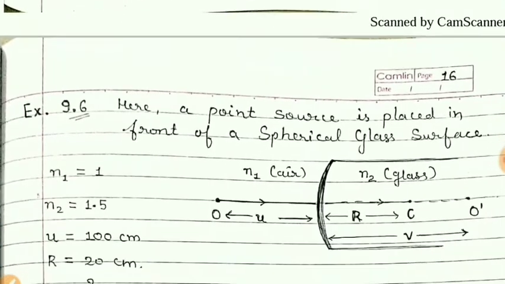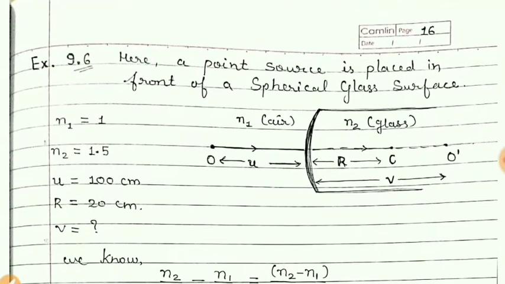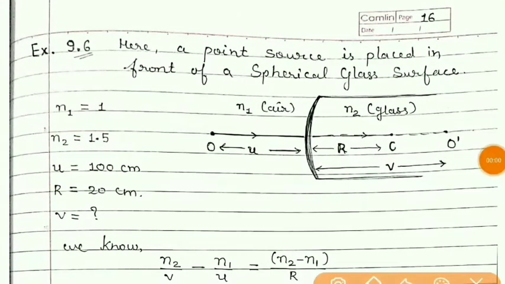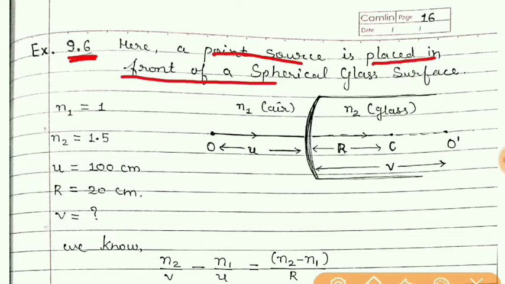Now about example number 9.6. In this example, it is given that a point source is placed in front of a spherical glass surface.